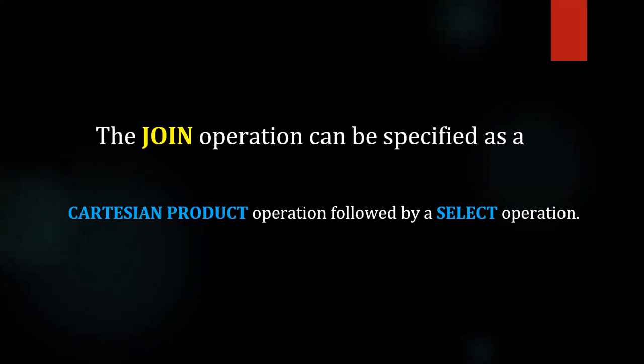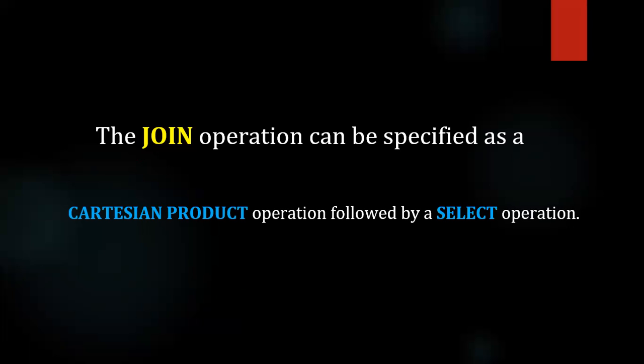Whenever we want to retrieve some data from the database, if the required data is available in a single relation, then we can extract the data directly from that particular relation. For example, in a company database, if I want to know employee name and employee salary, which is available in the employee table itself, then I can retrieve that table directly.